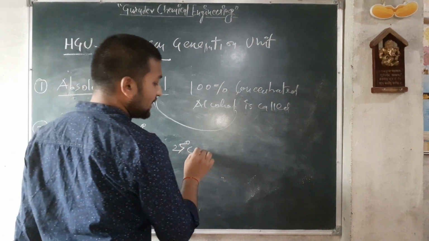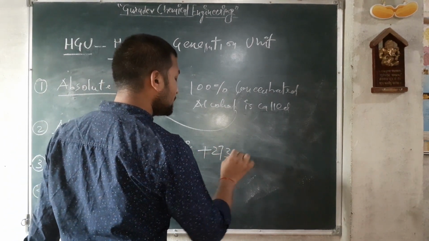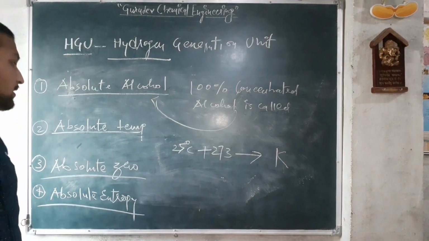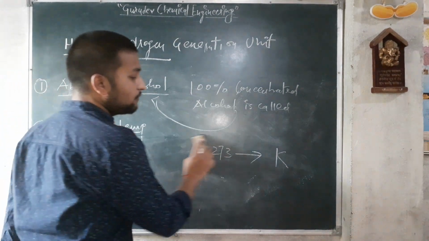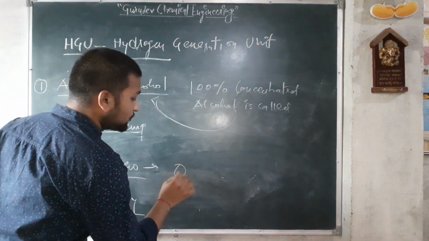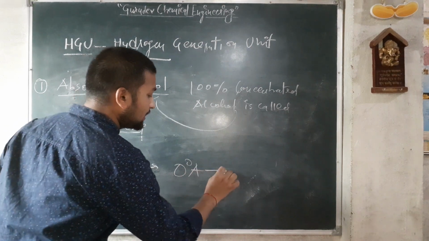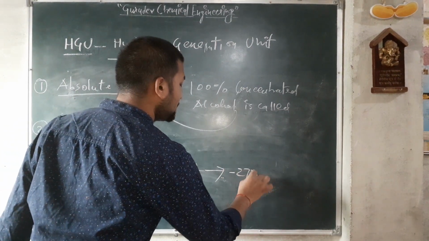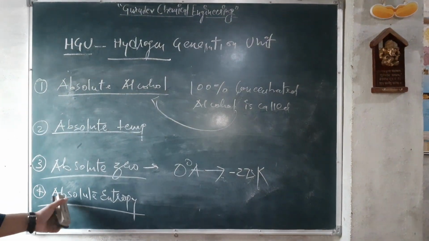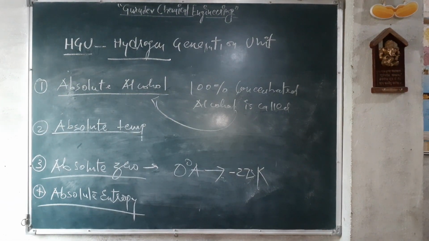If we add 273, it will convert into Kelvin. So that is the absolute temperature. Now we will discuss absolute zero. Absolute zero is minus 273 degrees Celsius, that is zero Kelvin.